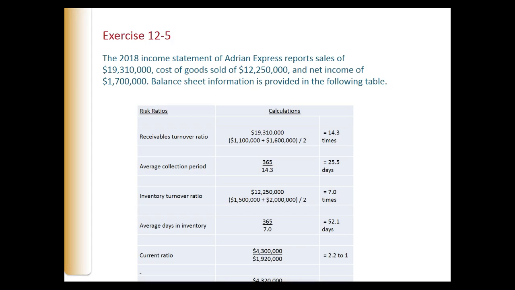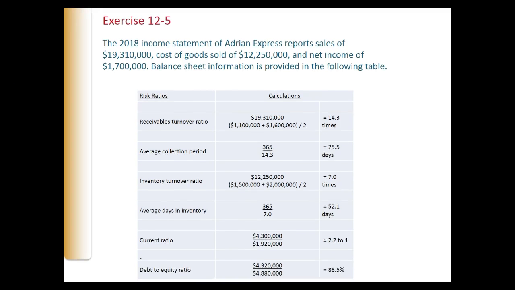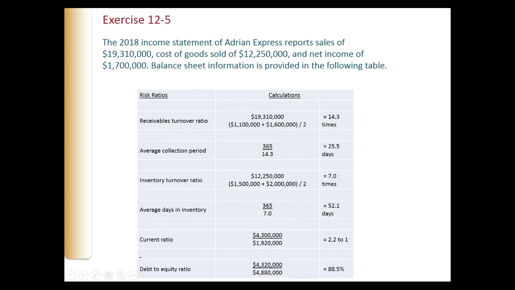So, our job is to create the various ratios: the receivables turnover ratio, the average collection period, inventory turnover, average days in inventory, current ratio, and debt to equity ratio.